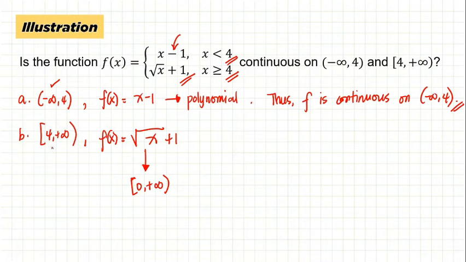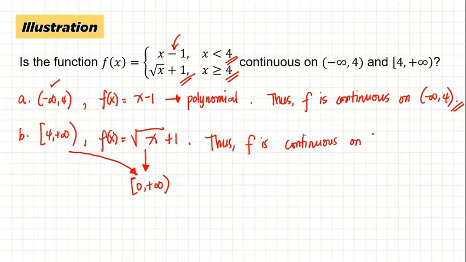And since 4 to positive infinity is inside this interval, we can say that this function is continuous on the interval 4 to positive infinity. Okay, so that will follow. So that's it for the first illustration.